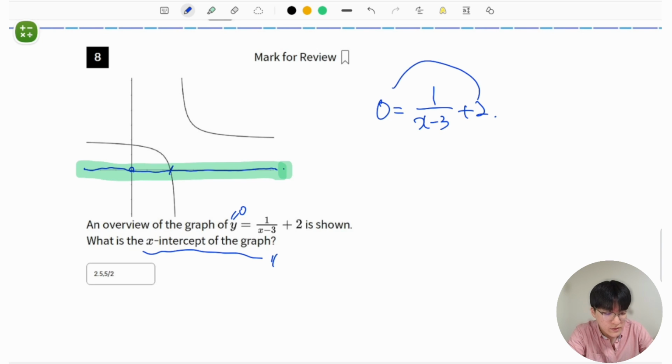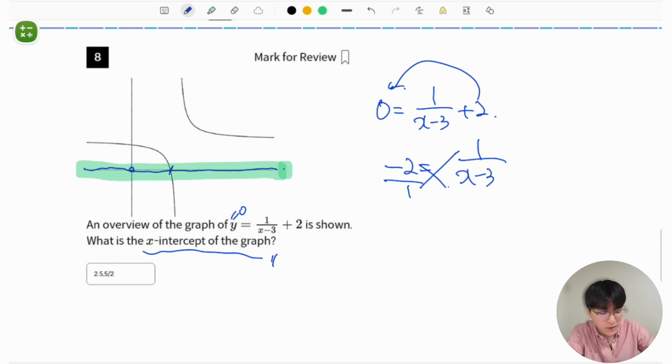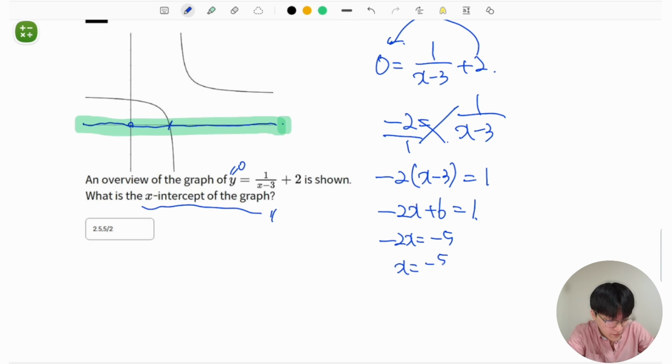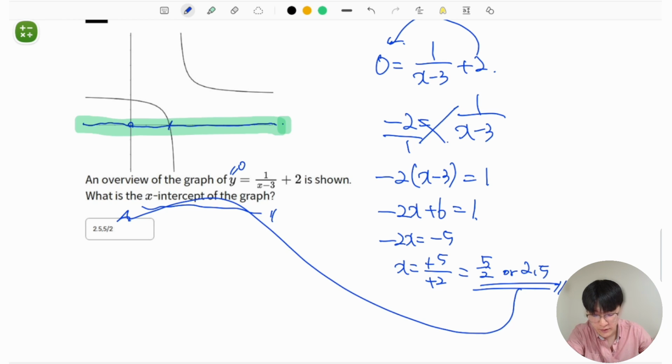And if we move this to the other side, minus 2 is equal to 1 over x minus 3. I'm going to cross multiply, and we get minus 2 times x minus 3 is equal to 1. Minus 2x plus 6 is equal to 1. And therefore, minus 2x is equal to minus 5. X is equal to minus 5 over minus 2. Therefore, 5 over 2, or 2.5. That is the answer for the x-intercept.